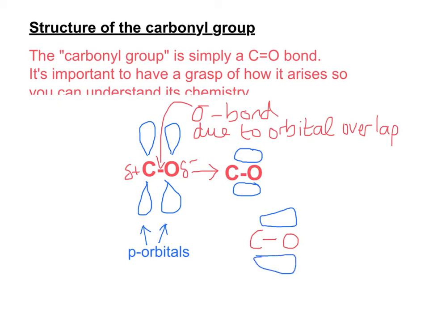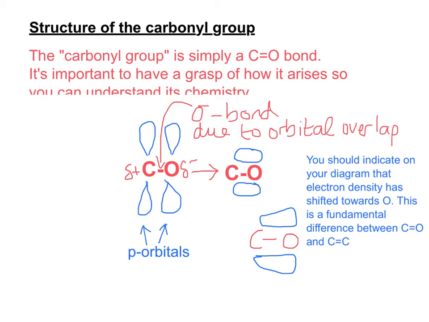Okay, the important thing is that either way you must show that there's a greater shift of the electron density on the overlapped orbitals towards the oxygen. So just to emphasize this point, I'm going to put dipoles on each of the drawn examples that I've done. So I'm always showing that I understand that it's a polar bond.